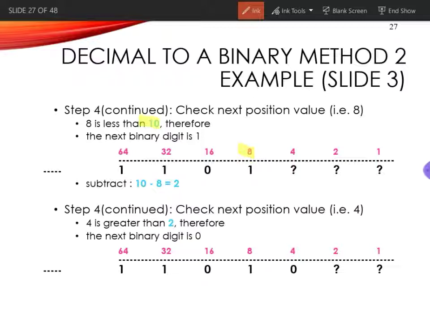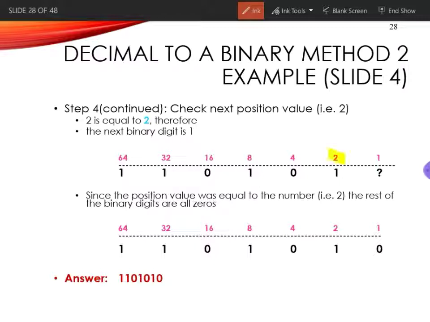So 8 is less than 10, so we mark this as 1, and we subtract 8 from 10, we are left with 2. In the next position we have a value of 4, and 2 is less than 4, so we mark this as 0, and we go to the next position.